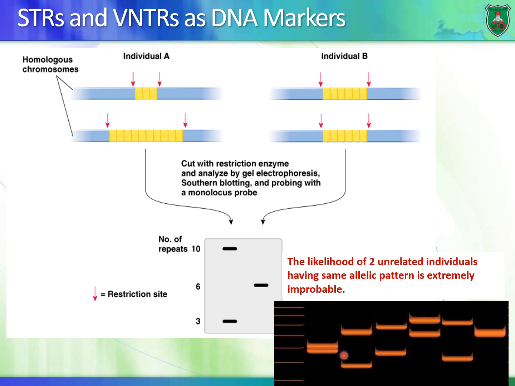So look at these different individuals looking at a certain VNTR or STR. You can see how each individual has his or her own molecular pattern, and this is what is known as molecular profiling or fingerprinting.